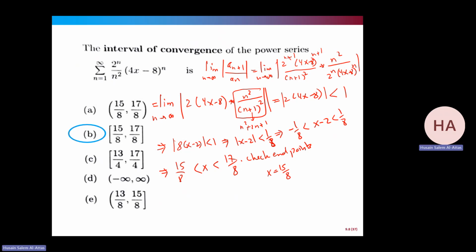What will we have? The series 2 to the power n over n squared, times 4x minus 8 to the power n.